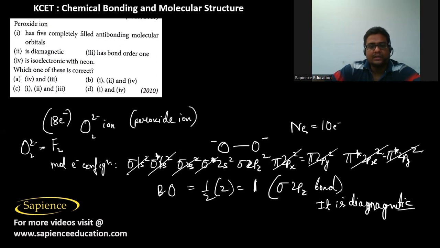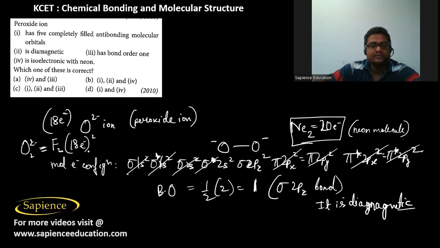Since any Ne2 molecule, the neon molecule, will have 20 electrons, it is not isoelectronic with the peroxide ion. But the peroxide ion is isoelectronic with the fluorine molecule, since it also will have 18 electrons, and it has bond order 1 also.